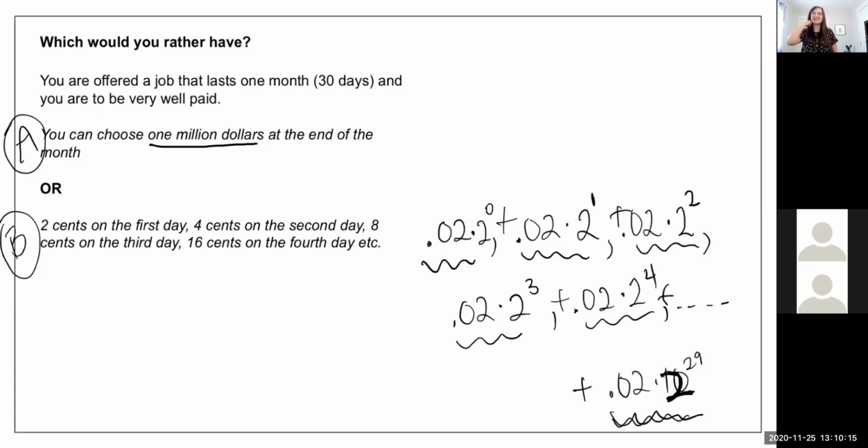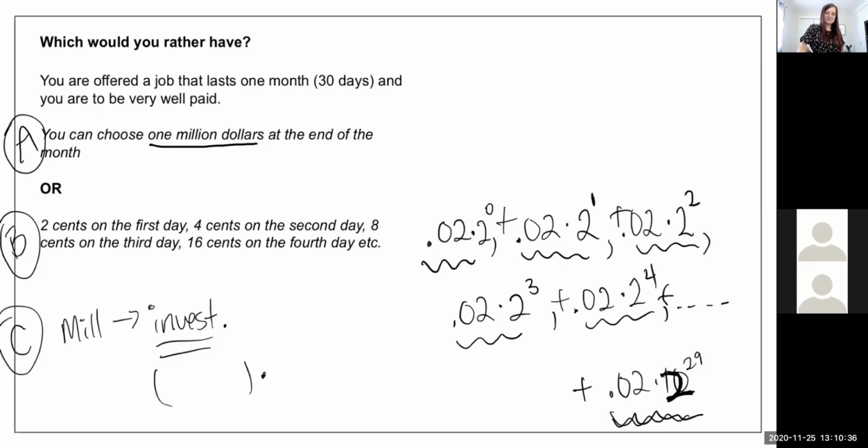Yeah, there's that too. You could create a new option. I like that. You could create a third option where you take the million and then you invest it. But usually when you invest it, a bank will give you your million times some percentage.